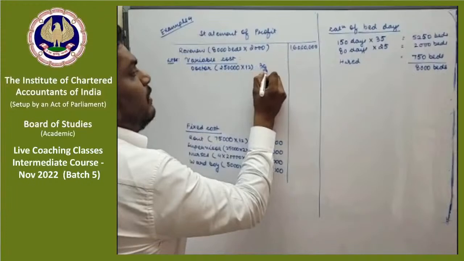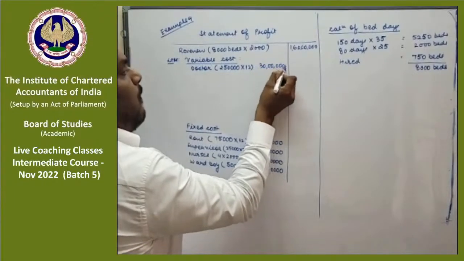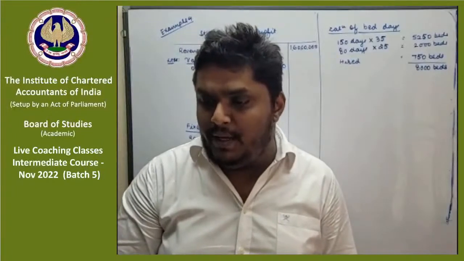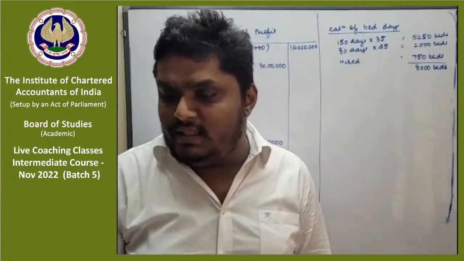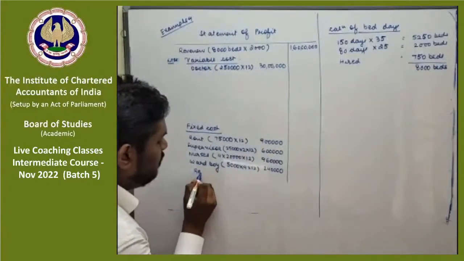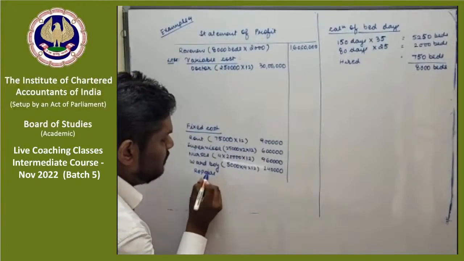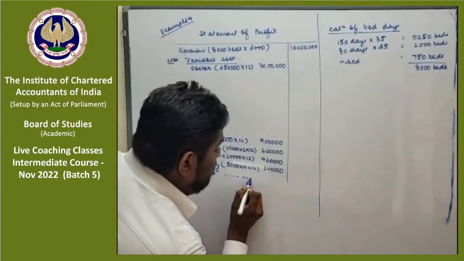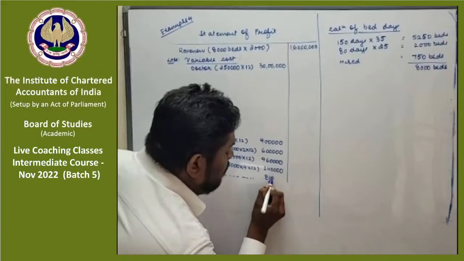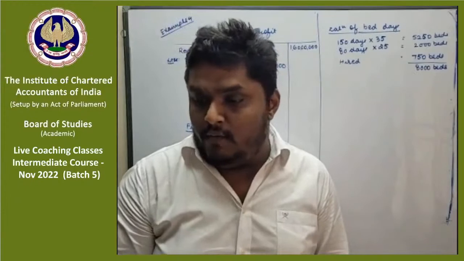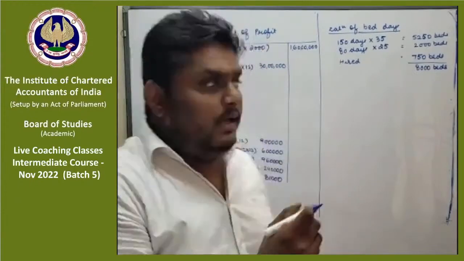So 30 lakh is the variable cost. Now repairs 81,000, it is given that it is fixed. That is fixed. Now food to patient, it is variable.